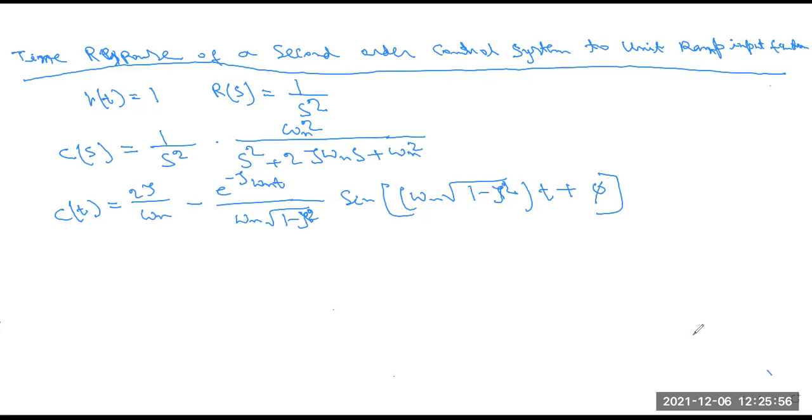This is the output expression of the unit ramp input function in the time response analysis. And in that case we also have to calculate the steady state error, which is 2 zeta by omega n. So these are the output equations of the time response analysis of the second order control system for the unit ramp function.